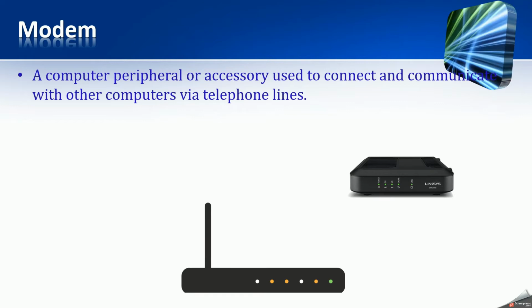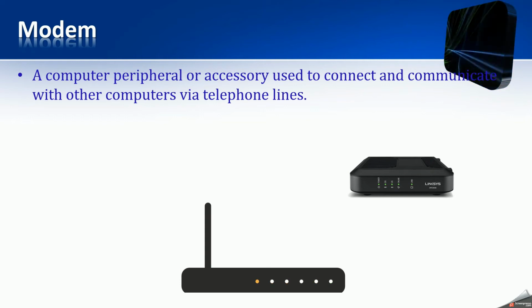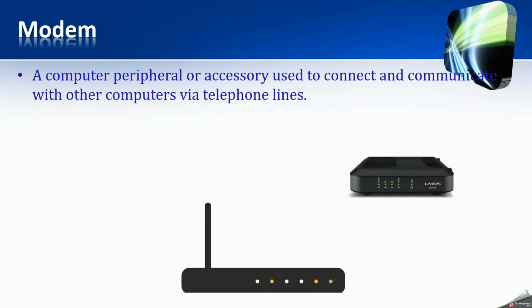Why is it so? That is because our computer understands digital signals, and telephone lines are capable of carrying analog signals. When we send a message from our computer to some other computer via the internet, it is important that the data signals travel in the form of analog signals.